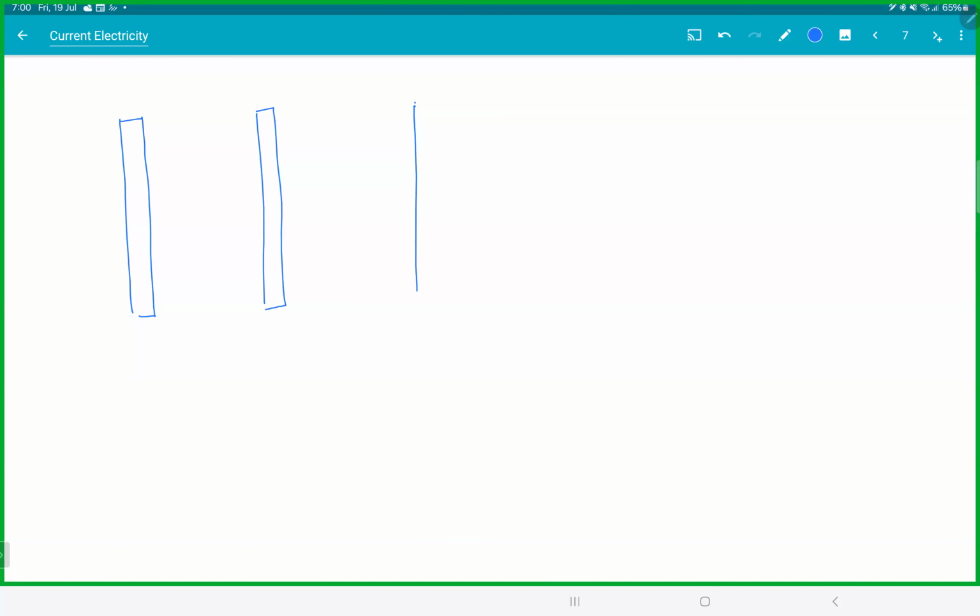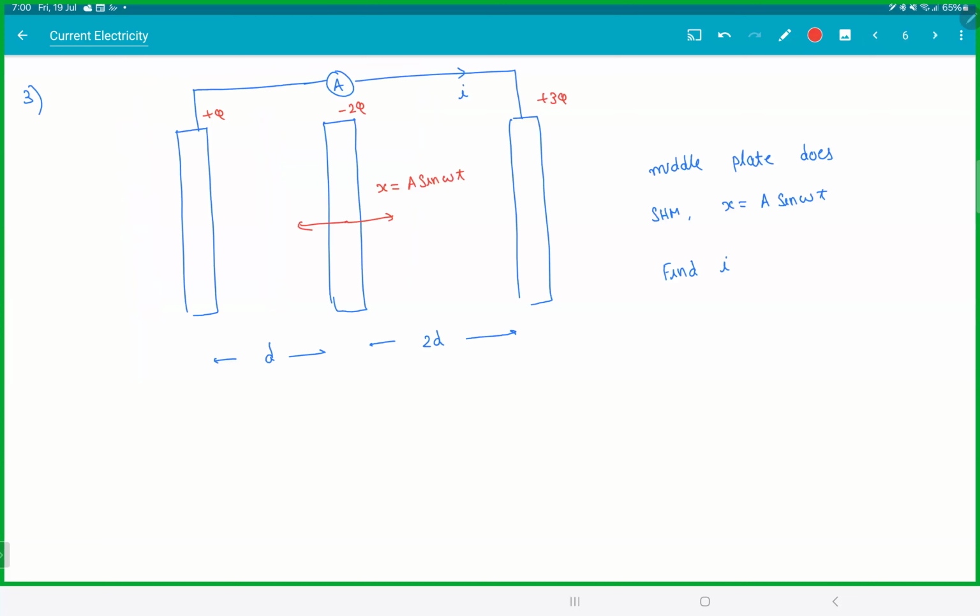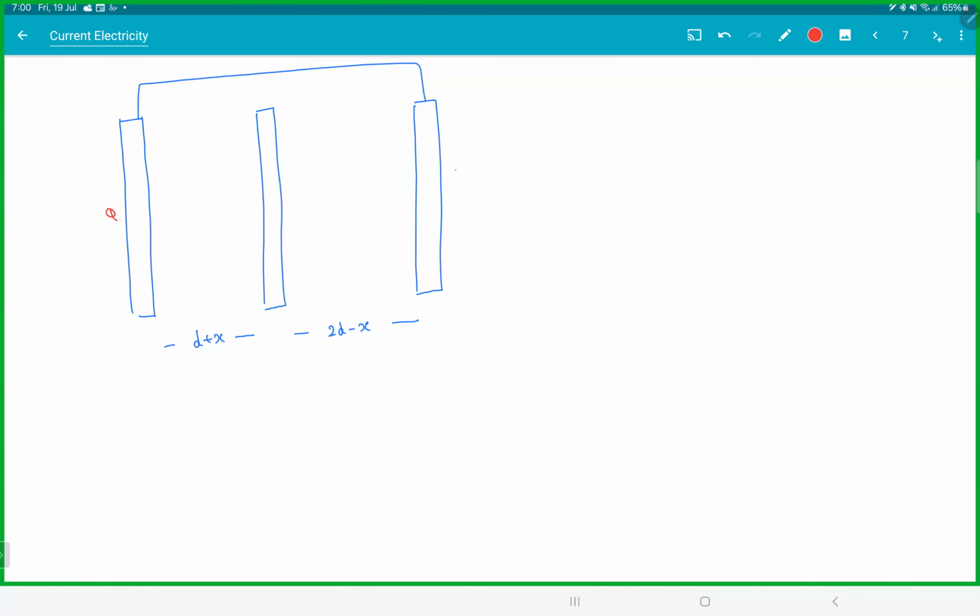Yes. So this guy will become 2d minus x, I'm assuming it is going to the right, and this will become d plus x. So the charge outside will be total by 2. Total is how much? 4q minus 2q, so q. Then this would be q1.